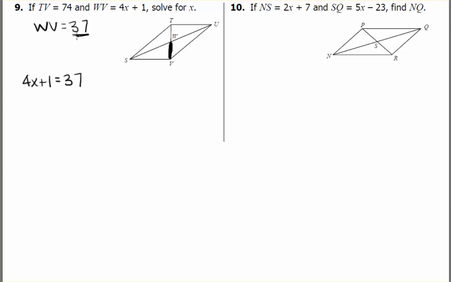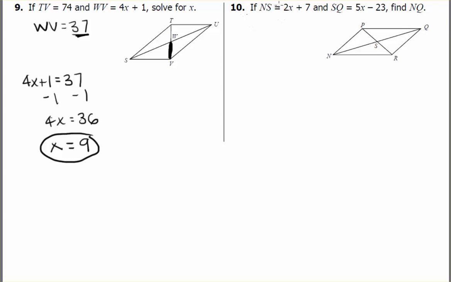So I got the 37 from the definition of bisect. Then I'm just going to solve for x. And again, make sure you answer the question asked for. It said solve for x, so I solved for x, so I'm good there.